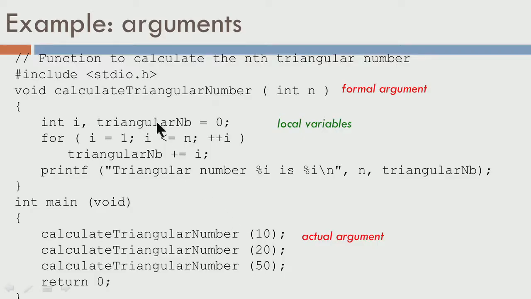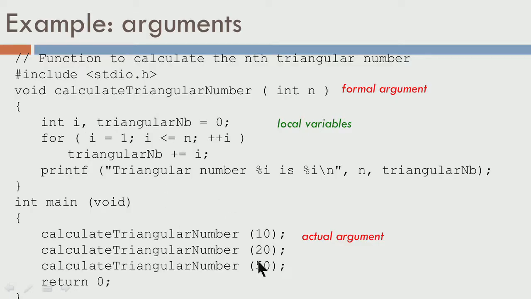So, when the function comes the next time, since triangular NB is again initialized to 0, the value 55 is completely lost. In fact, triangular NB is not even present once the first call returns. Before the second call, triangular NB and I are not accessible anymore.